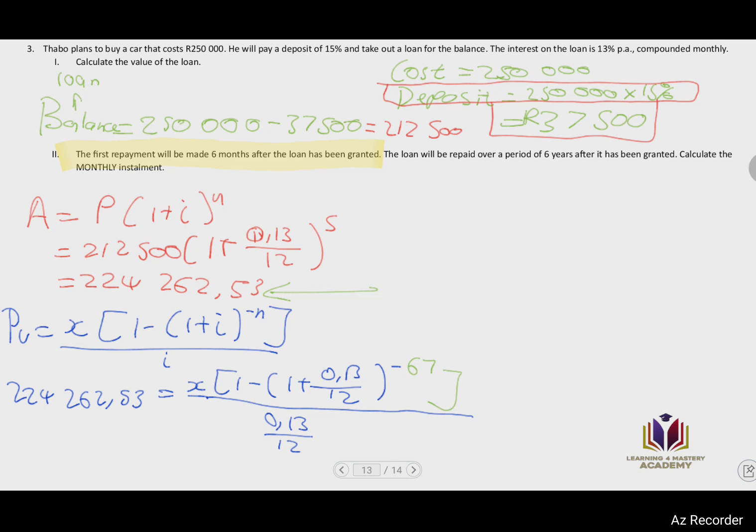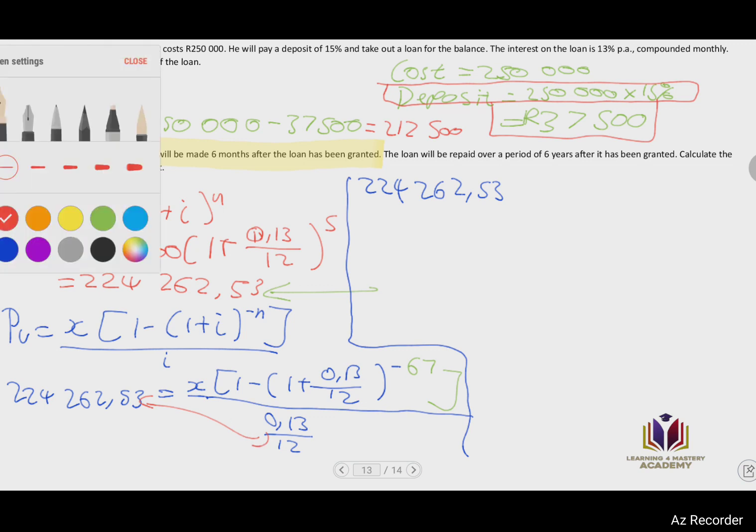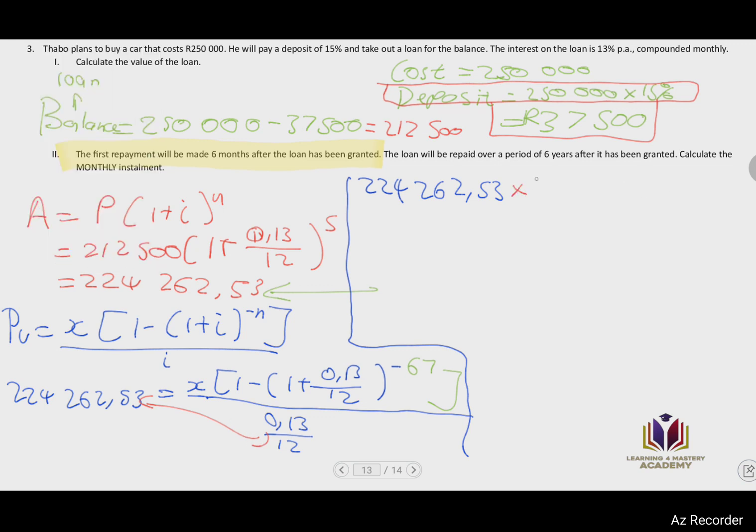We're now going to multiply everything. This is going to give us 262.53. We multiply this with that. Remember, no rounding off. So I'm just going to put this on the side. Multiplied with that, and then it's going to be equal to X[1 - (1 + 0.13/12)^-67].